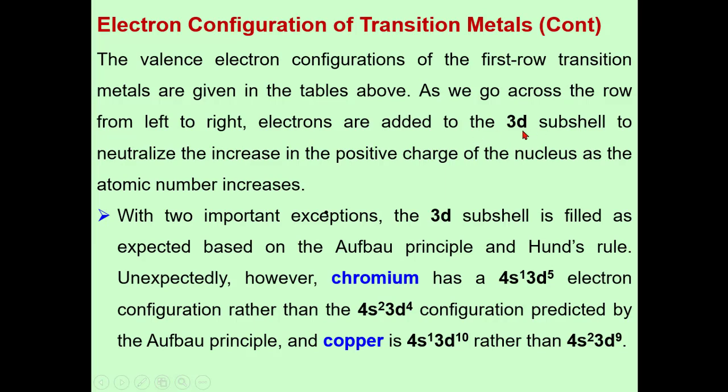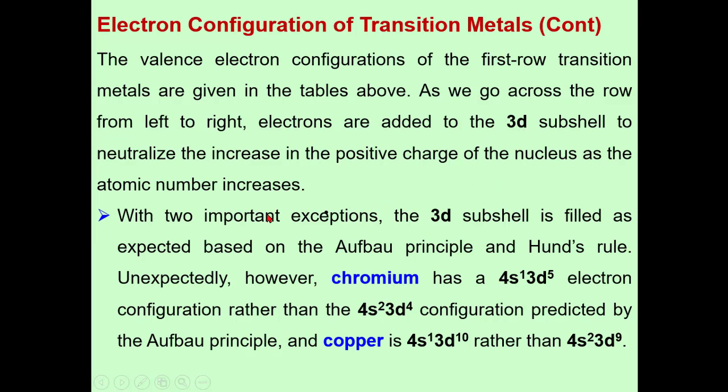That is why, if you remember, we drew a formula previously: 4s2 (n-1)d, and d is filled from 1 electron up to 10, because d has a maximum capacity of 10 electrons.